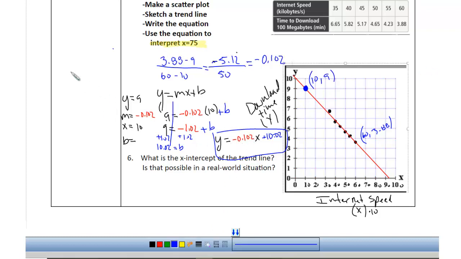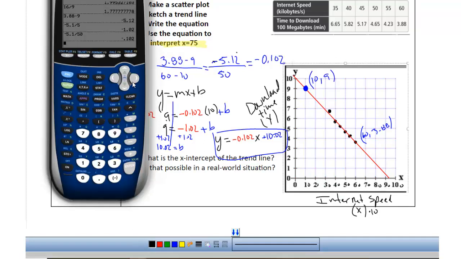We'll do that over here to the left. We're going to use this trend line that we just found. This is the whole point, this is why we do it. We're going to determine what is the time at 75 kilobytes per second. So we're just going to crunch those numbers.